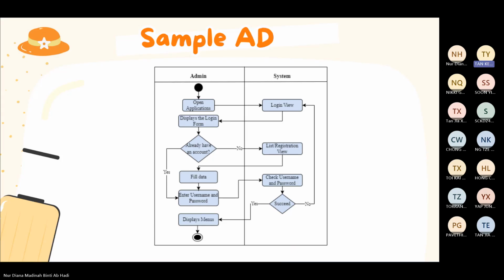Why do we need to use a diamond? For options. What will the options be? Success or denied. What happens if denied? We need to re-enter the pin, right? So this is how you need to do it. Whatever you did, you need to be very, very specific. Okay, thank you.